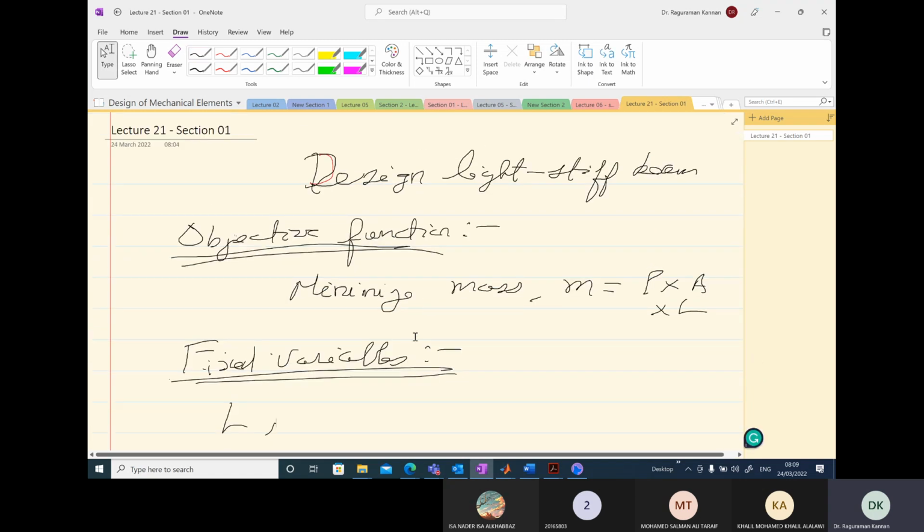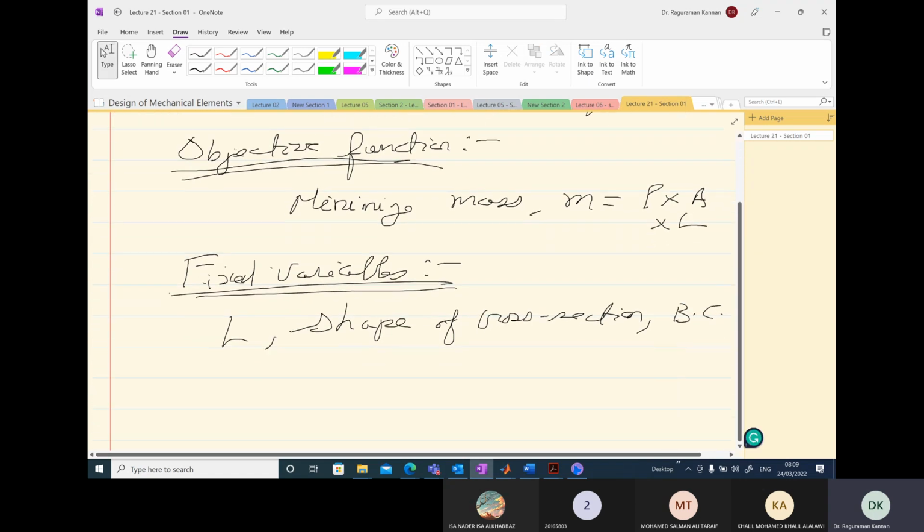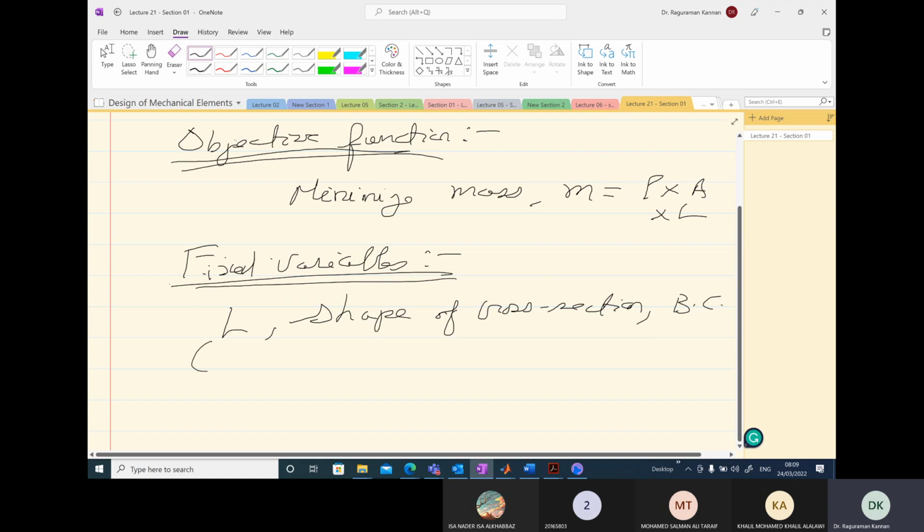Perhaps the shape is fixed, or maybe shape is also a free variable, but let's make it simple and say the shape of the cross section is fixed. Besides that, maybe the boundary conditions are fixed, maybe a cantilever beam, whatever it is. In this case, let's assume this is a cantilever. Okay, and then what else? So these are the fixed variables.